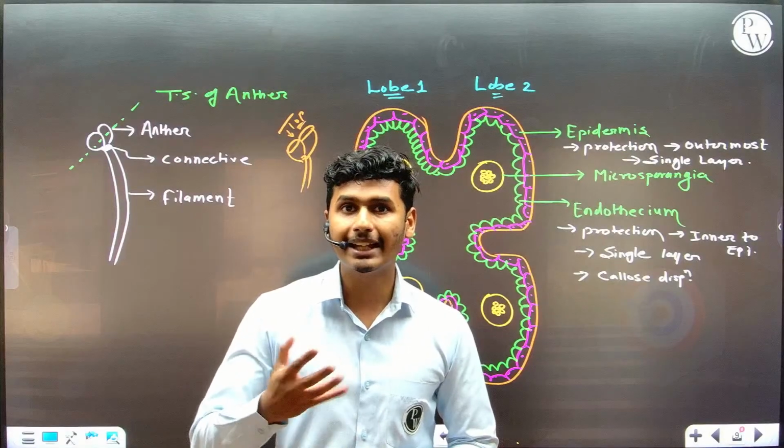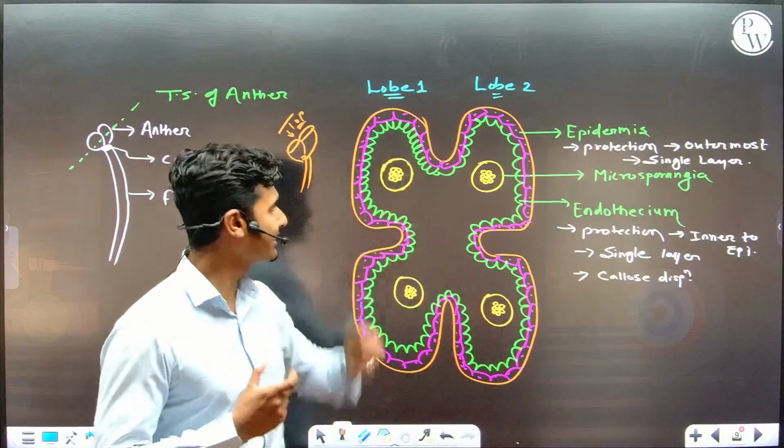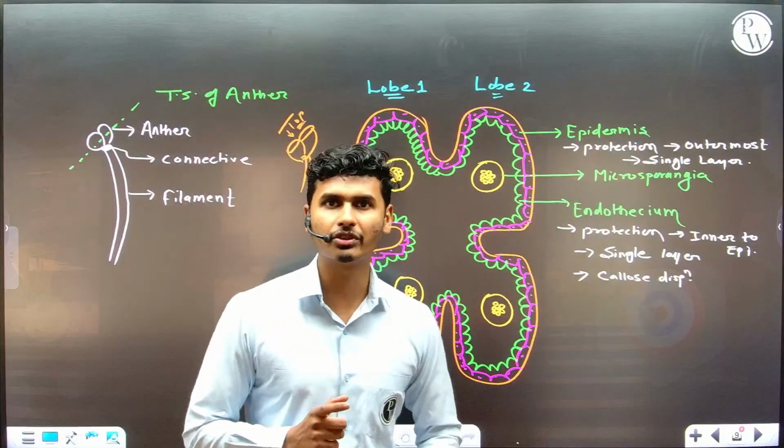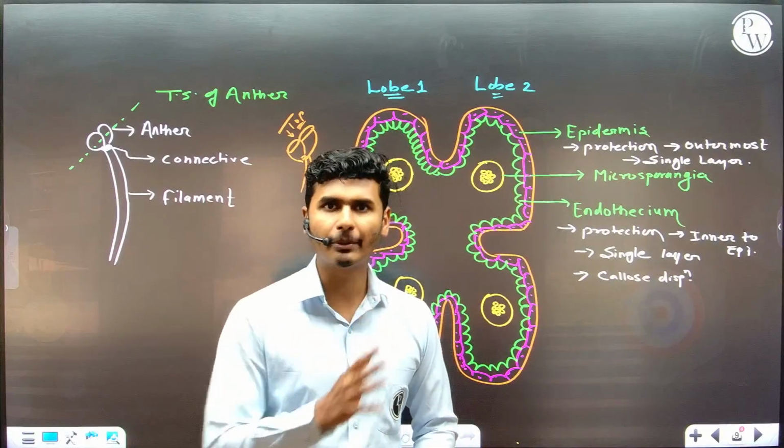So here male gamete formation is carried out. Inside the microsporangia, male gamete formation is carried out. So it is a very important part. It needs to be protected.